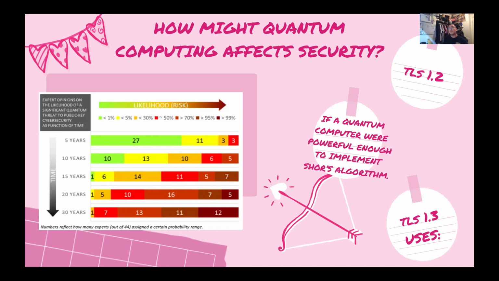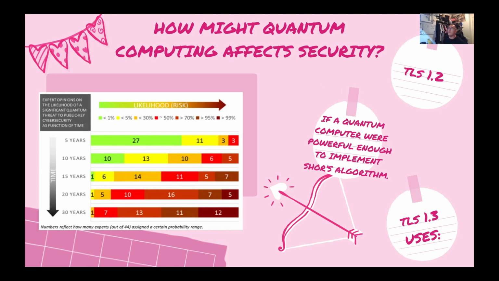Now, if a quantum computer was powerful enough to implement Shor's algorithm, then it could potentially or eventually break TLS 1.2. This is still in its early stages, and we don't know when a quantum computer will be made that's powerful enough to run the algorithm properly, but it is something that we're worrying about in the near future.